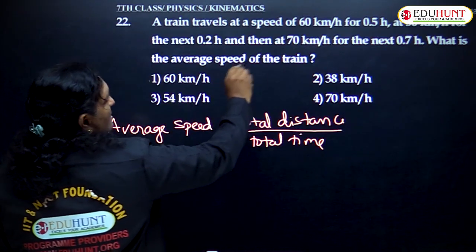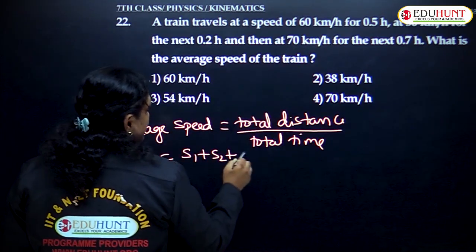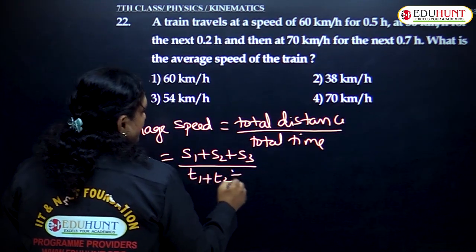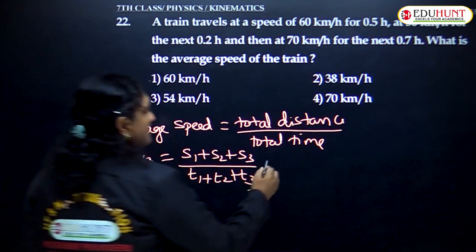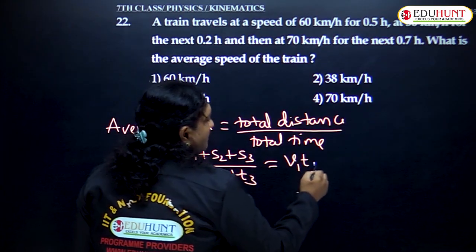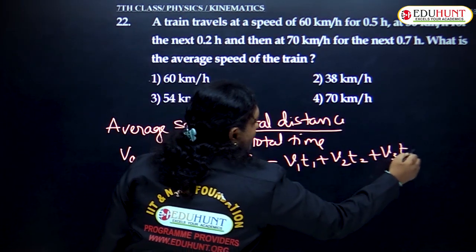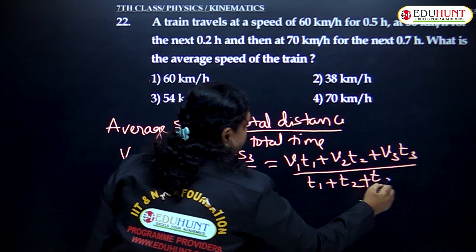Okay, how many conditions? 60, 30 and 70. S1 plus S2 plus S3 upon total time, which is T1 plus T2 plus T3. But here since distance is not given, distance can be written as speed into time: V1 T1 plus V2 T2 plus V3 T3 upon T1 plus T2 plus T3.